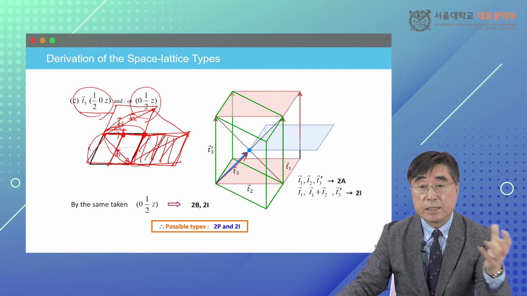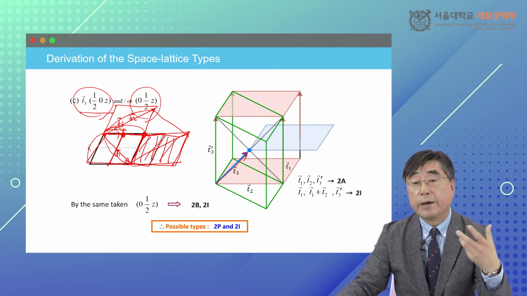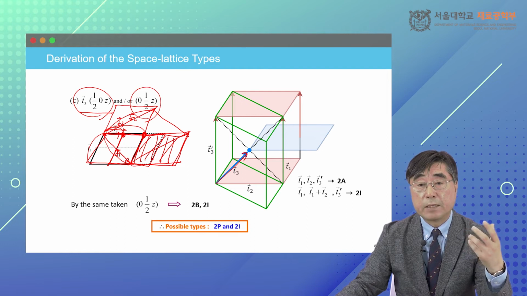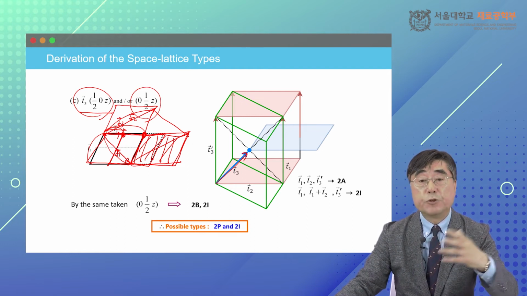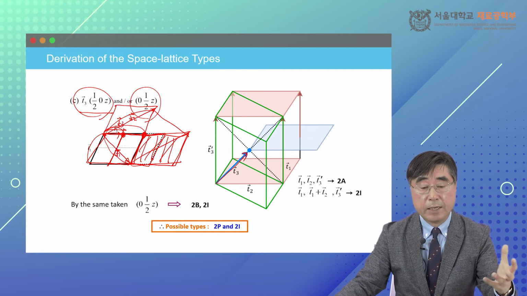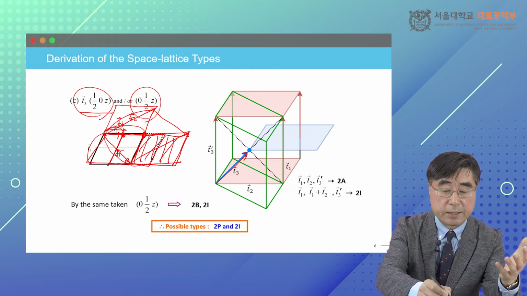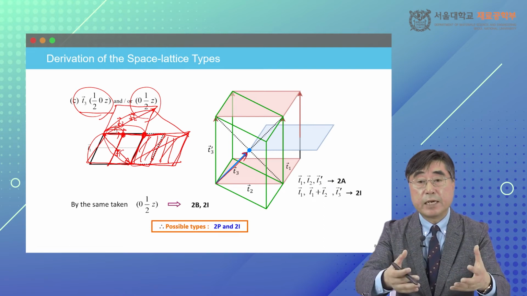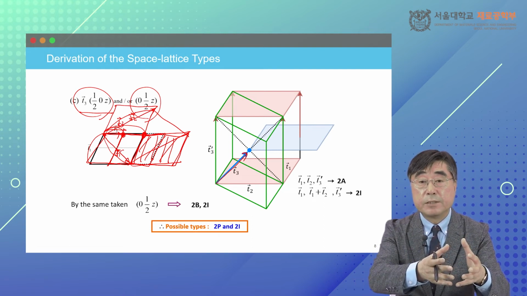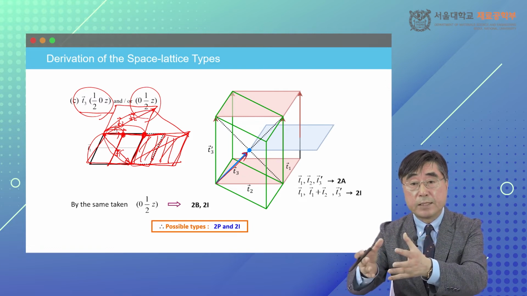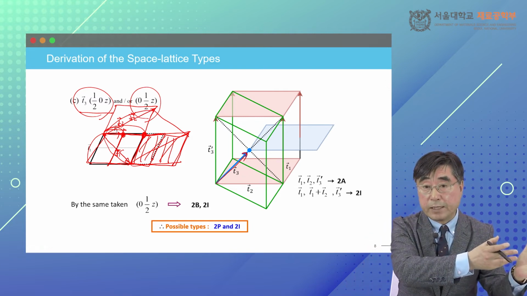In the monoclinic crystal system, T1 vector and T2 vector can have any arbitrary numbers. The angle between these two vectors can have any arbitrary angles. So it doesn't matter how you define it. Okay. So if I define T1 vector and T2 vector as these prime vectors in here, then this is the same as the body-centered monoclinic Bravais lattice, which I defined already.